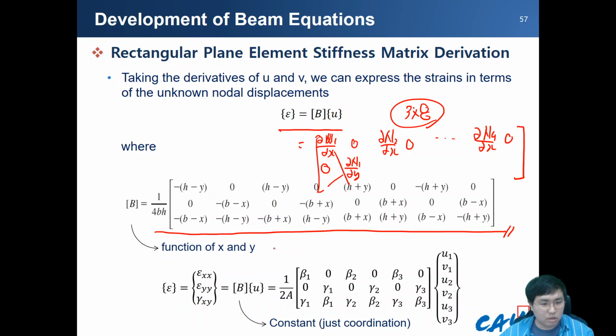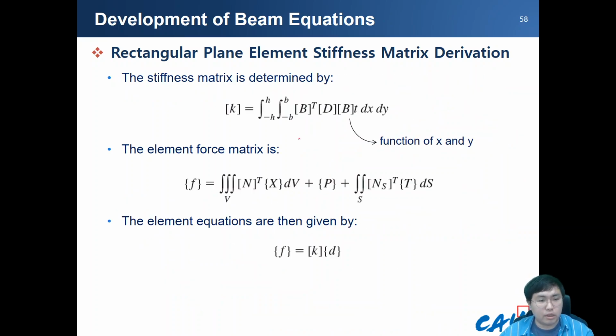In the triangle element, the B matrix elements were constant, but here the y and x remain. That means the gradient matrix in the rectangular element is a function of x and y.